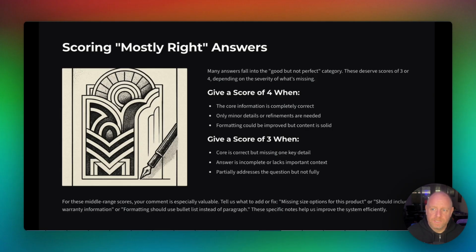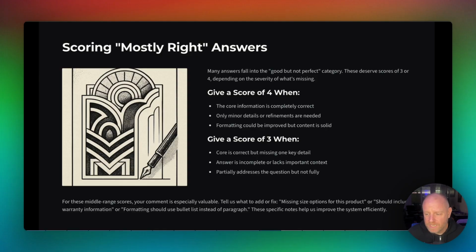For the ones that are mostly right, like your 3s and 4s, give a score of 4 when the core information is completely correct, but there are minor refinements, like the style, the tone, or some little pieces that could be improved, but the overall content is solid.